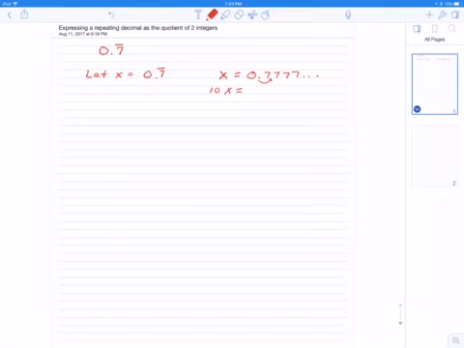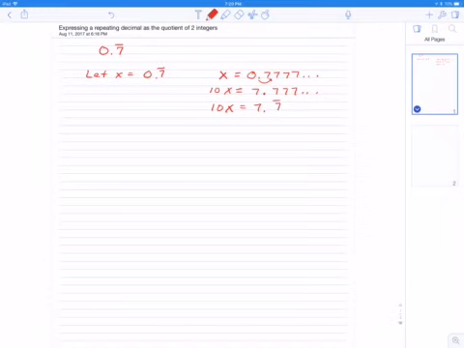So what I have is 7 point, and then all these repeating 7s. Put it back in repeating bar form. It's the digits that are behind the decimal point that repeat in exactly that form.